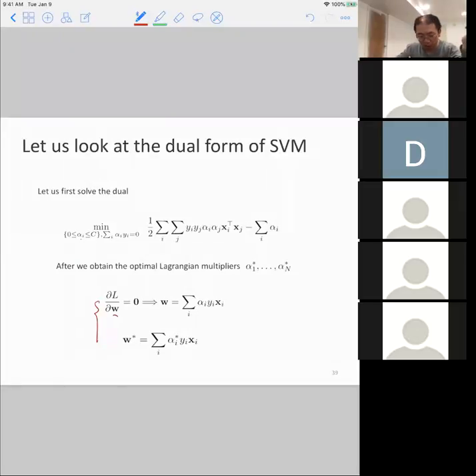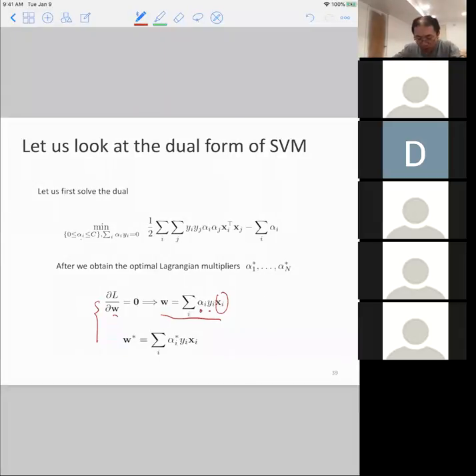When we solve it, remember we have this form: W equals a weighted summation of the input vectors in the training set, and the weights are alpha i multiplied with the label yi, right?